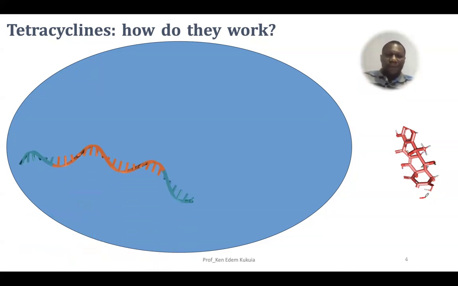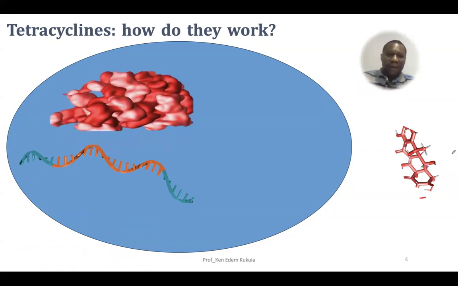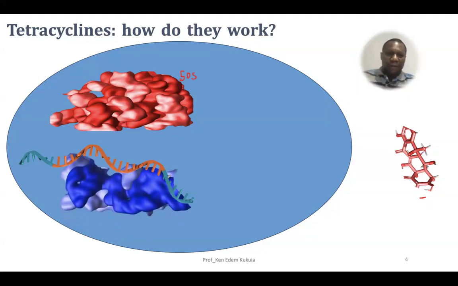So let's say this is the structure of our mRNA, it has the codons that determine the kind of amino acids that we'll be using to form the peptides and then the proteins. Now, let's assume that this is a part of our ribosomal subunit. We will call this the 50S ribosomal subunit. And then let's give this one 30S ribosomal subunit.